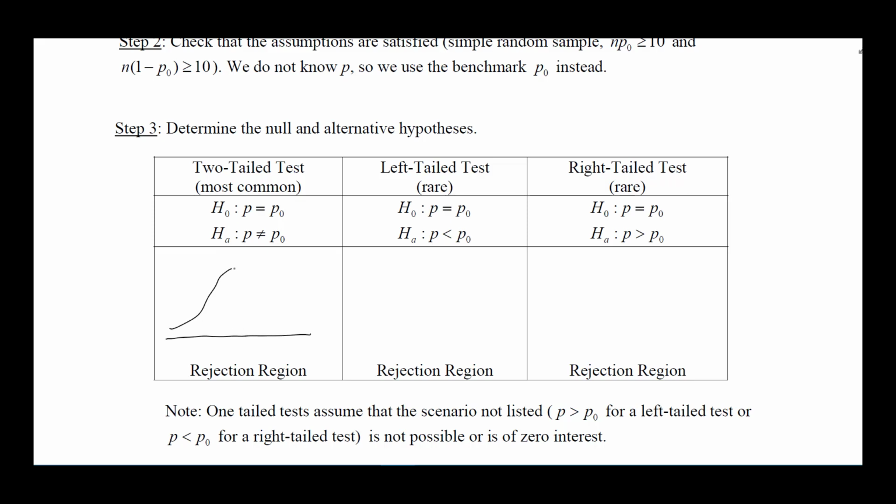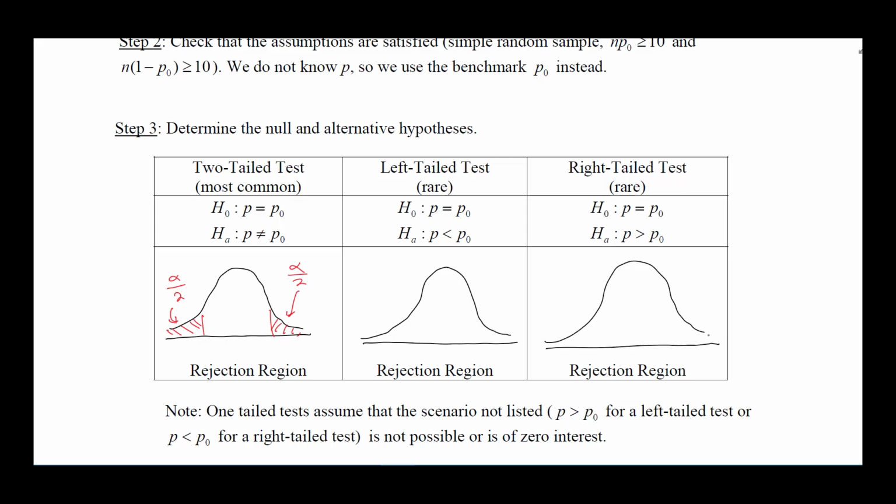In this case, as before, we are going to put half our alpha in each tail. So here's our rejection region. Alpha over 2 on that side, and alpha over 2 over here. Then for a left-tailed test, less common, and a right-tailed test, all of the alpha goes into one tail.